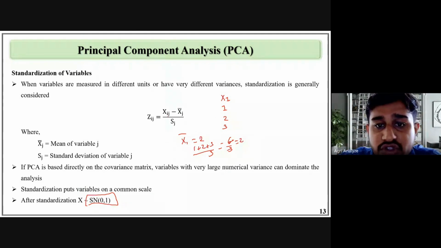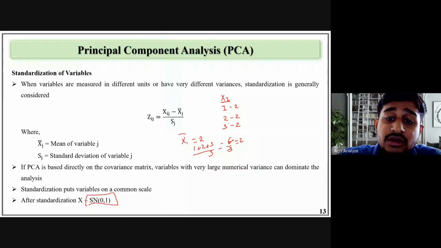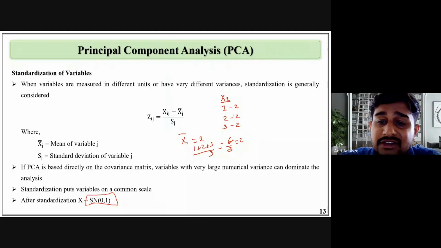First we subtract the mean from all the values of our variable, so we subtract 2 from each. Then we divide by the variance of that data, which is also 1, 2.